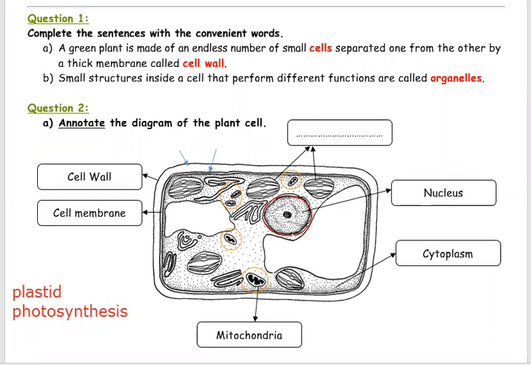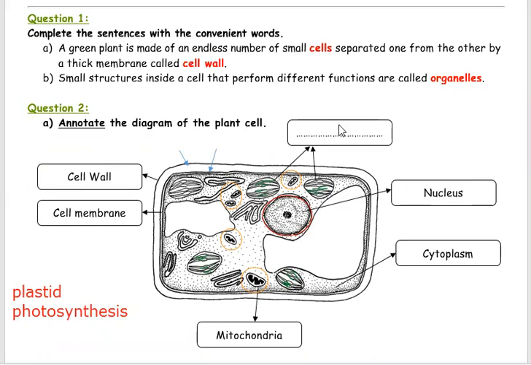So in general, these organelles are called plastids, but since, as you can see, they have discs, 1, 2, 3, 4, we draw them usually this way. It is an oval shape with discs inside, full of chlorophyll.